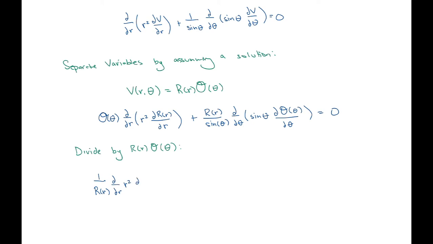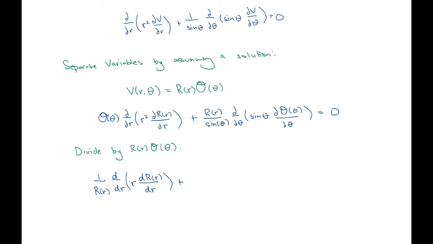The first term just depends on our variable r. And in fact, I always forget to do this, I can write these now as ordinary derivatives rather than partial derivatives, because everything in this particular term has no dependence on theta. Over here, same thing.